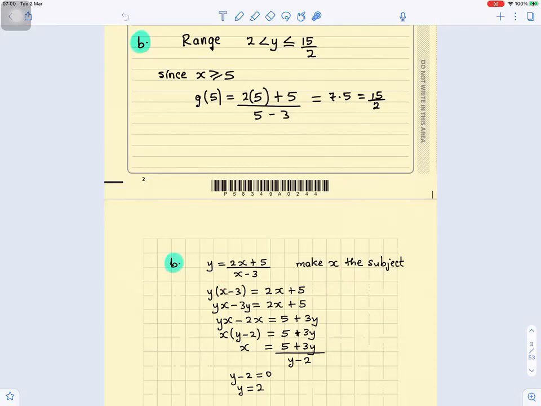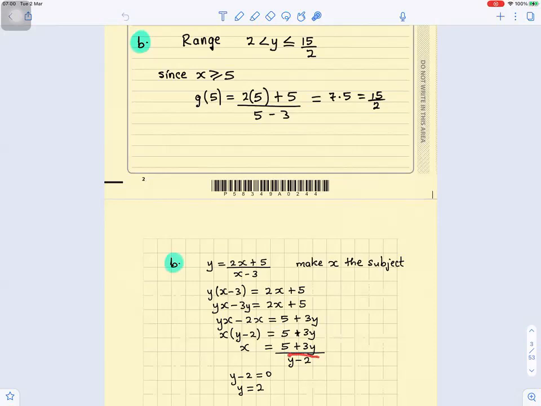You get yx minus 3y equals 2x plus 5. And you collect like terms. 2x comes to the left, becomes minus 2x, and 3y goes to the right, becomes plus 3y. So you factorize: x bracket y minus 2 equals 5 plus 3y, and you get x to be 5 plus 3y over y minus 2.